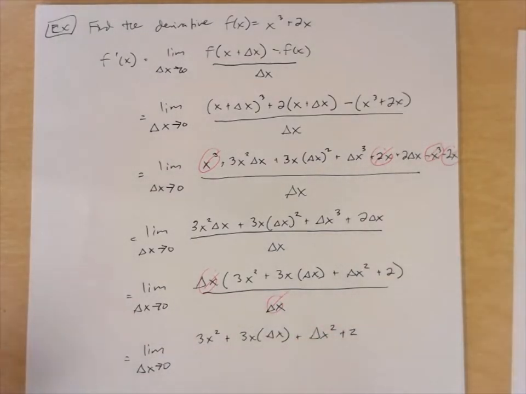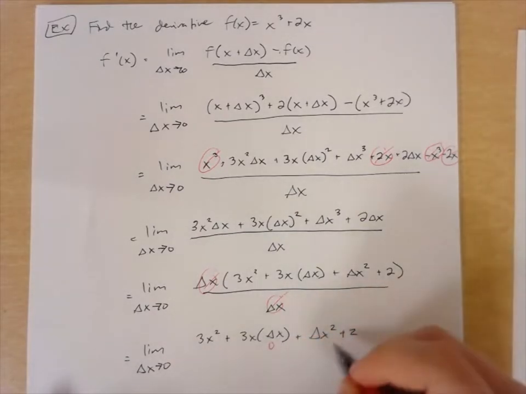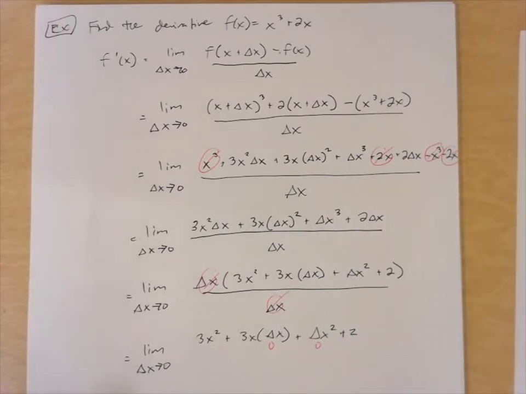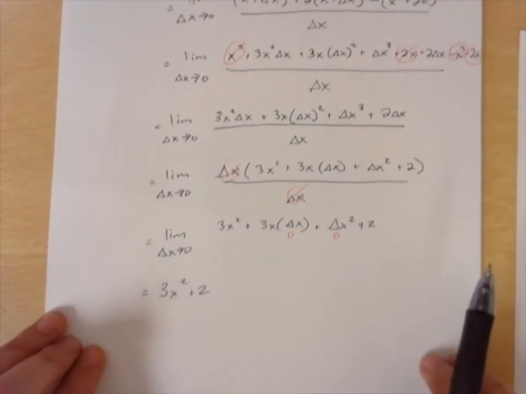And now we can directly substitute in our 0. So once we take this limit, we can see that we are left with 3x squared plus 2. Again, because this would become 0 and this would become 0. Oh, there we go. Now you can see it.